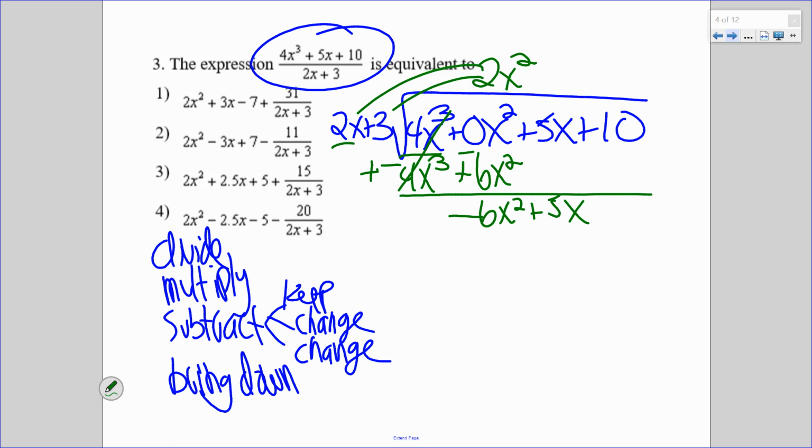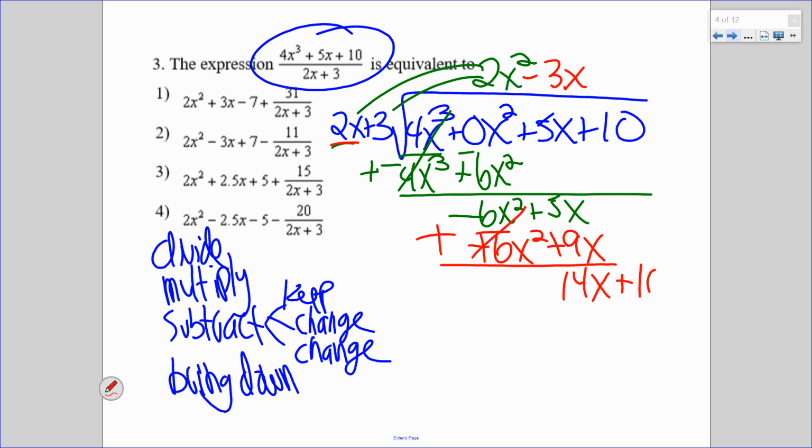Next cycle. Divide. Negative 6x squared by 2x. That's negative 3x. Multiply. Negative 6x squared minus 9x. Subtract. Keep, change, change. Cancels. 14x. Bring down. Next cycle. Divide. 14x divided by 2x is 7.